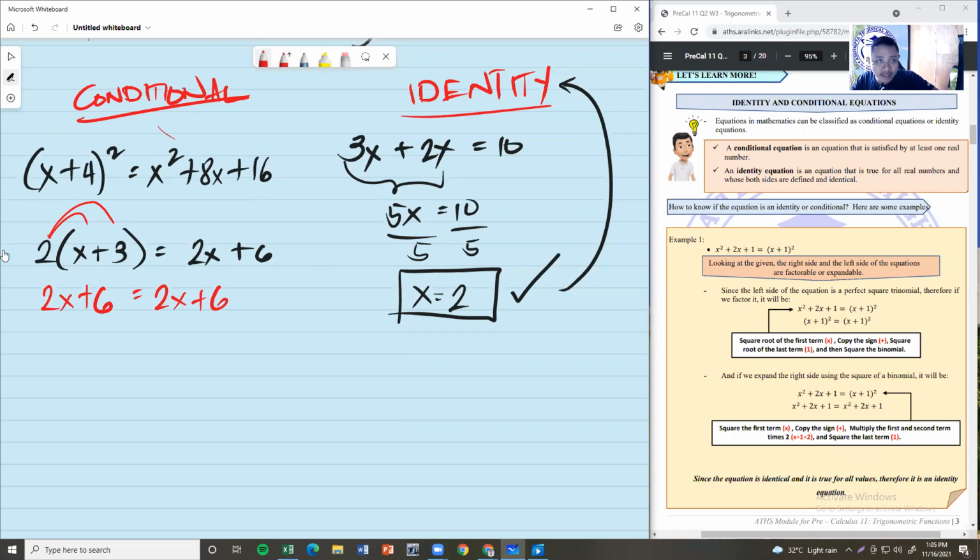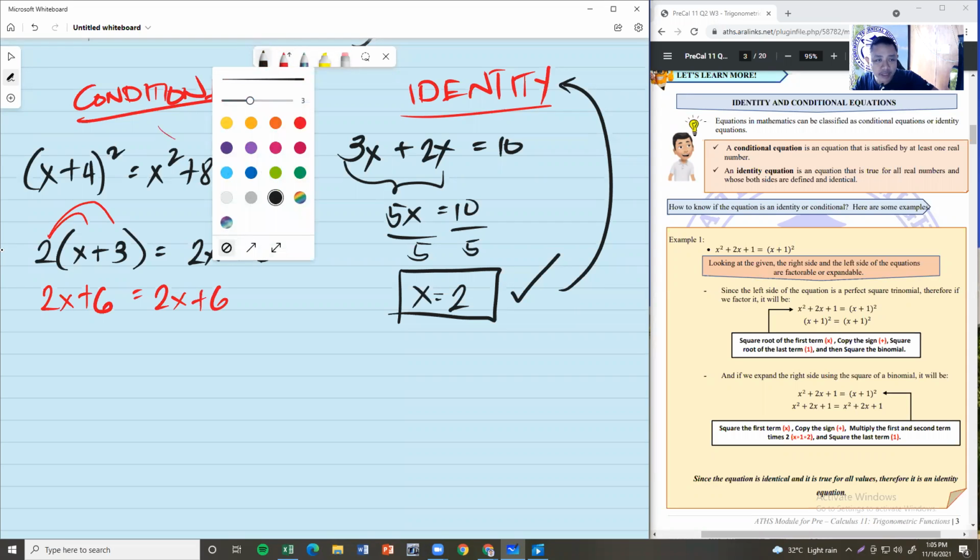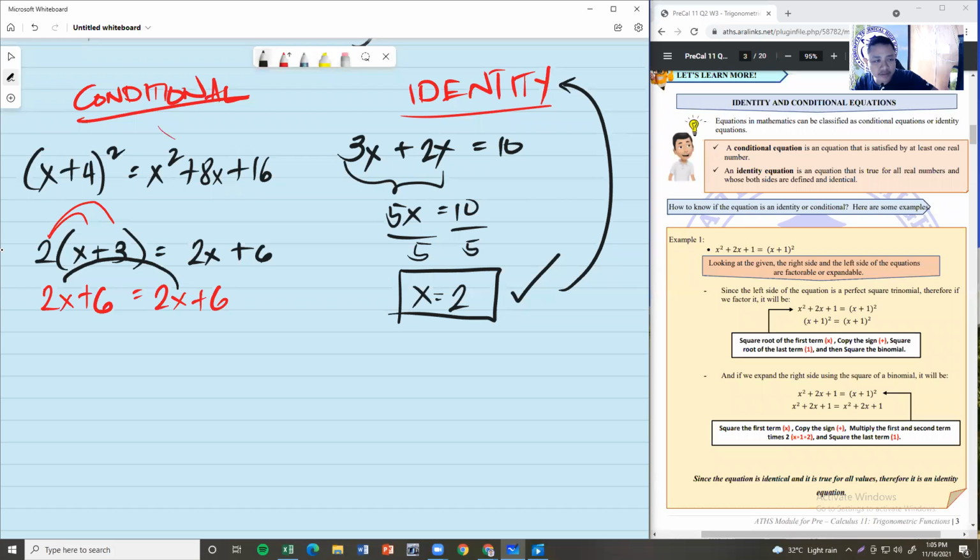Why? Try to solve this. Of course, combine like terms. This will become 2x minus 2x is equal to 6 minus 6. And this will end up with 0 is equal to 0 rather than x is equal to a value. If that's the case, that is called a conditional equation. Why?